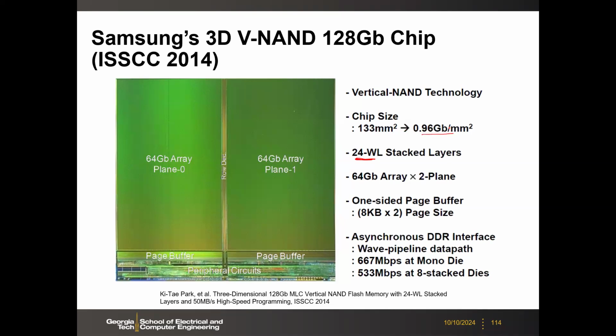Okay. Then there are some other design specs, but if you look at the array efficiency, it's pretty good, right? You have most of the area as 3D NAND, and some row decoder, page buffer, and some peripheral circuits, timing control and I/O. Then of course, people do not understand what's inside the chip.